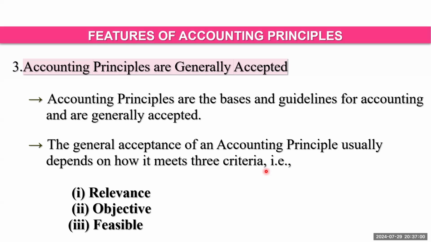If these three criteria are not met, then the concept or principle will not be followed by the accountants. Let's see each one of them. What do we mean by relevance? The accounting concepts or principles are considered to be relevant if they result in information that is useful to the users of accounting information.